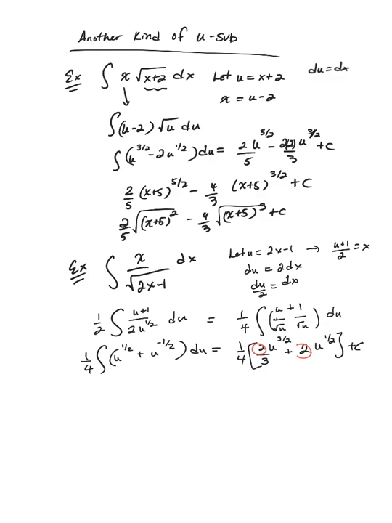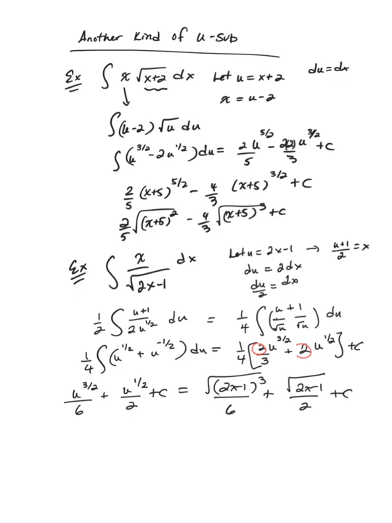So I actually just cross out those 2's and then distribute a half instead. So I get u to the 3/2 over 6 plus u to the 1/2 over 2. And then you put your u back in. So I have 2x minus 1 to the 3rd square root over 6 plus square root 2x minus 1 over 2 plus c.